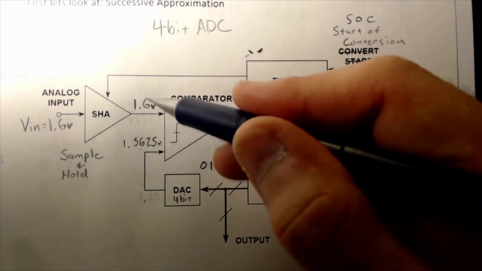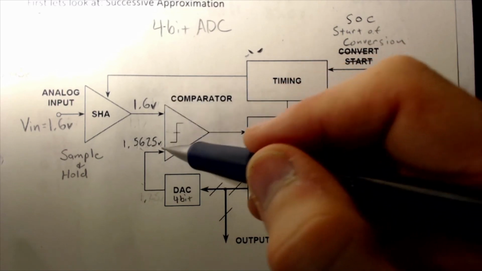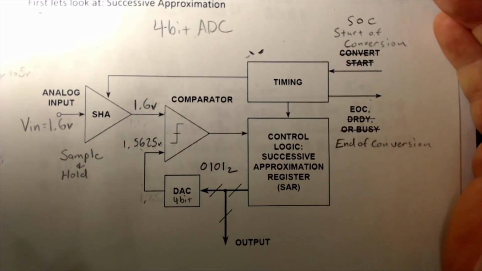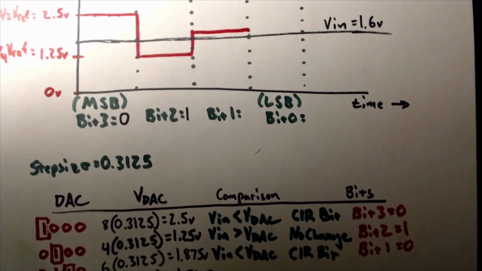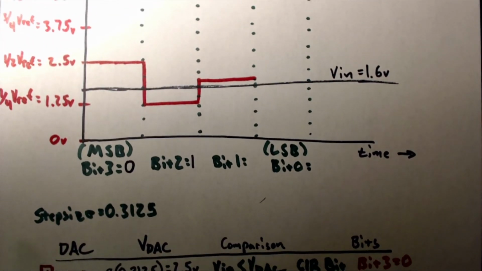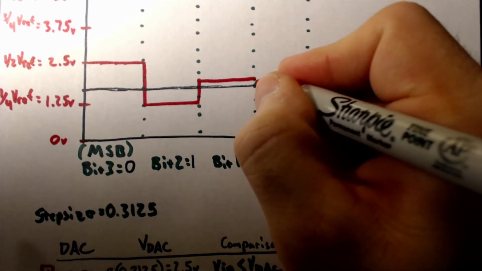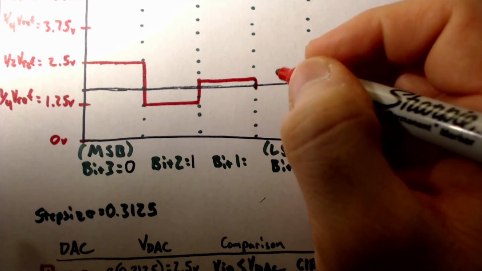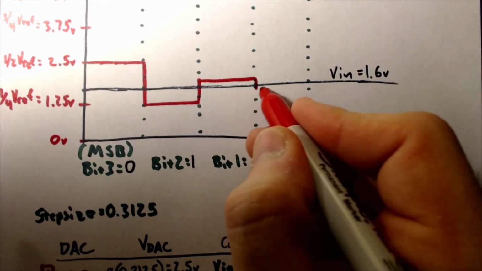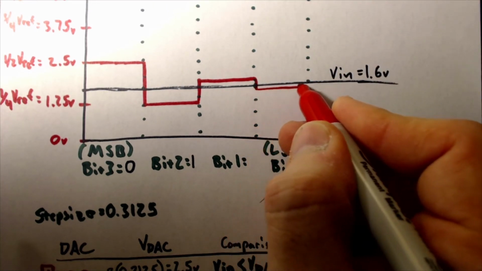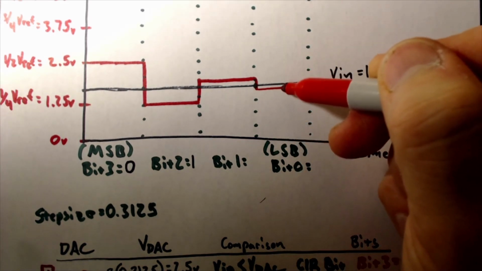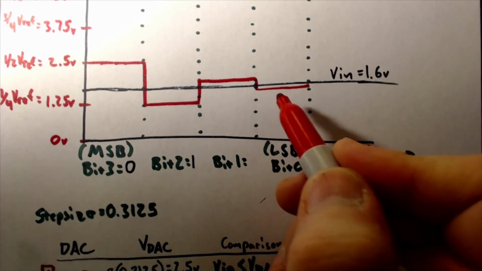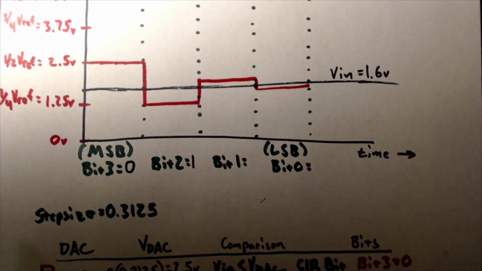Now again we look at this comparison. Well, now we're below our Vin. 1.5625 is lower than Vin, but you notice it's closer to Vin than our previous bit.